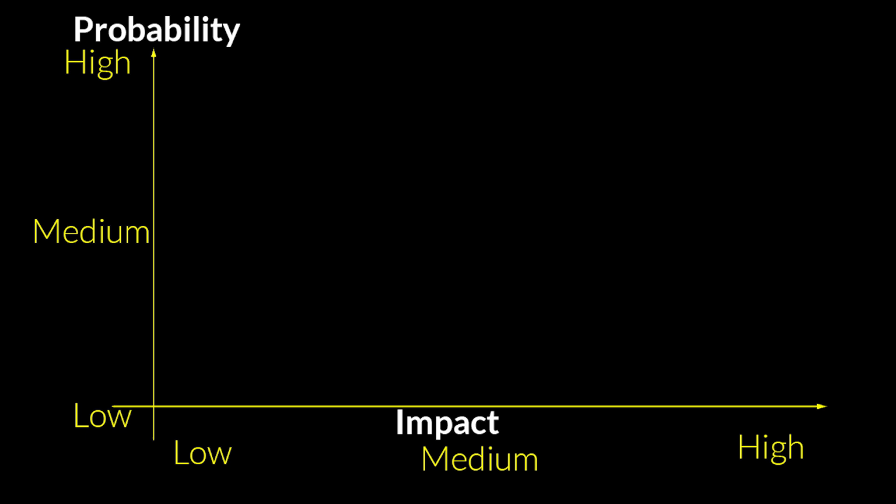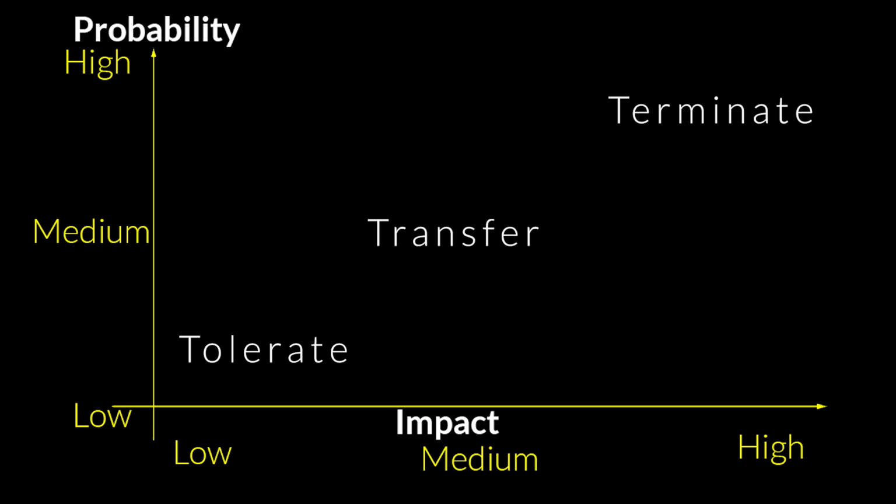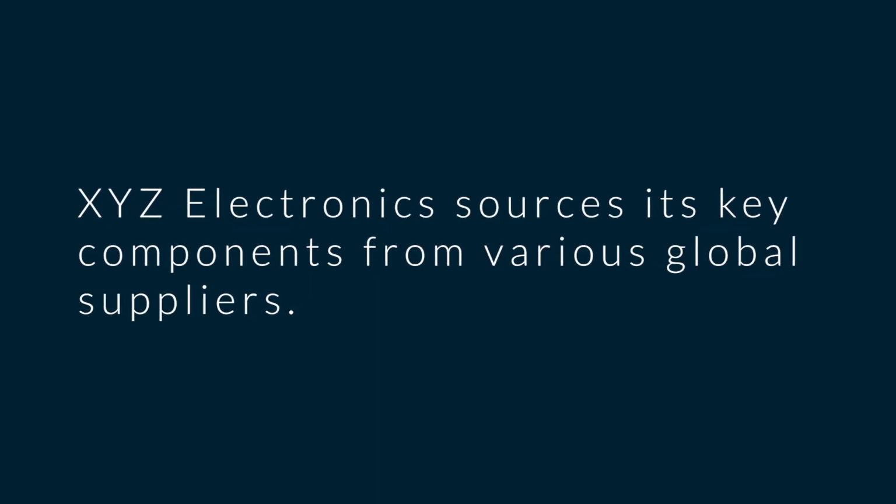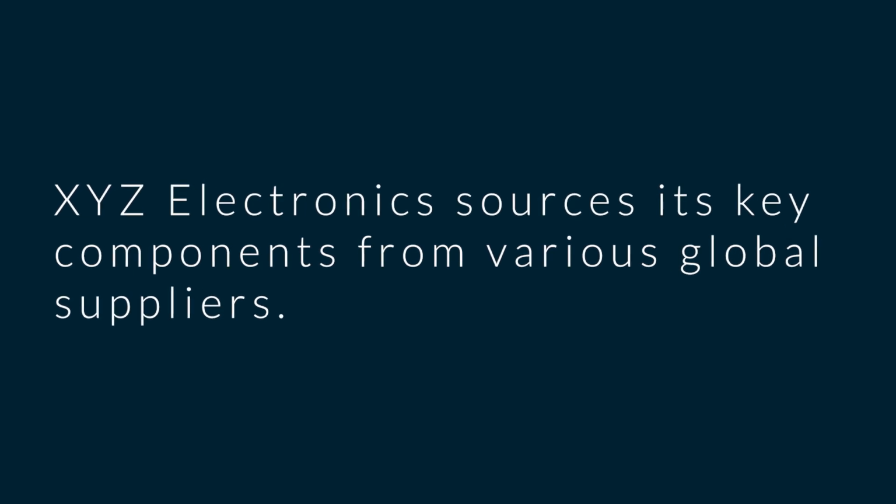Now, in this case, you can terminate risks that have high impact and probability, tolerate risks that have low impact and probability, and choose to transfer or to treat medium risks, so the ones that are medium. Looking at such a graph, that's just theoretical. How about practical? So to understand this from a practical perspective, let's look at this example. Now, XYZ Electronics sources its components from various global suppliers.